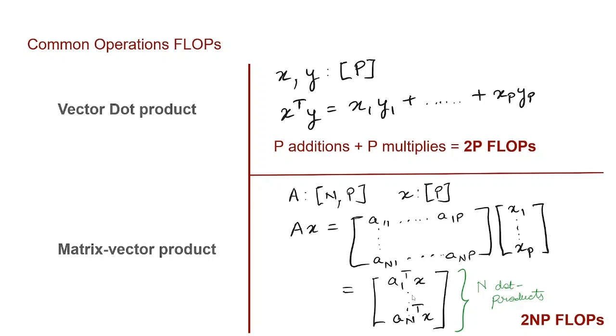So in effect we are doing n dot products, and each dot product involves vectors of size p elements, and we saw here each dot product takes up 2p flops. So overall this takes up 2np flops.